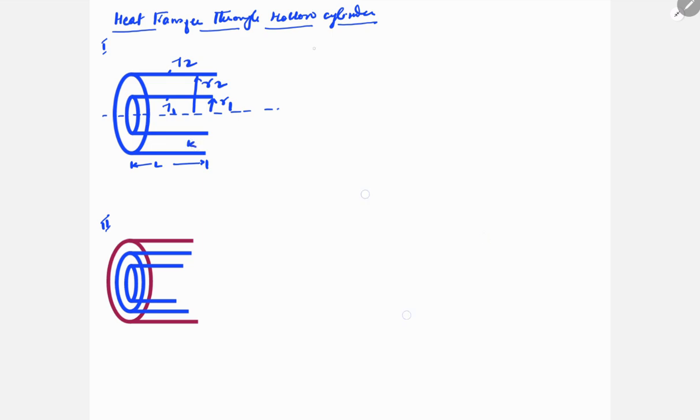So we know Fourier's equation for heat transfer: Q is equal to minus K A dT by dx, and this is the equation used for heat transfer through a plane wall.